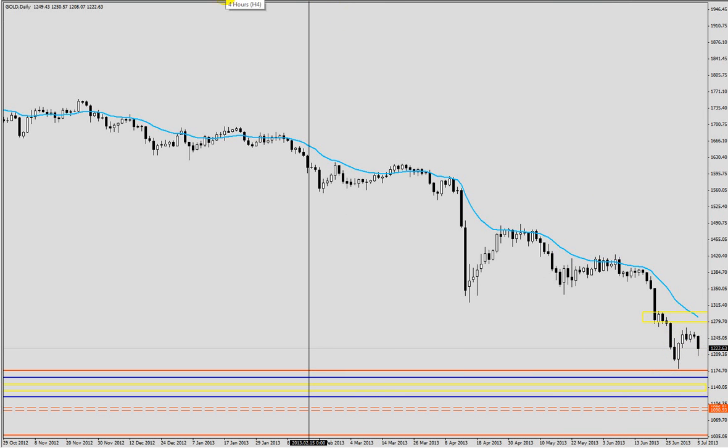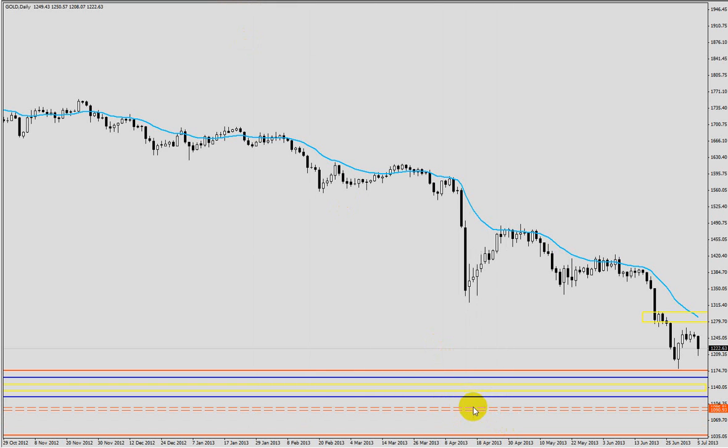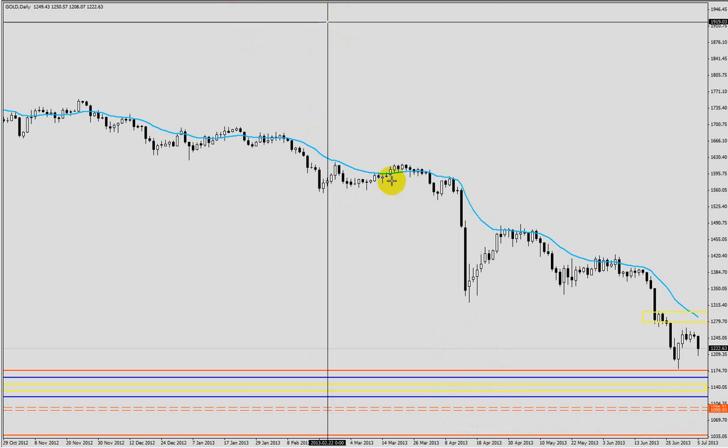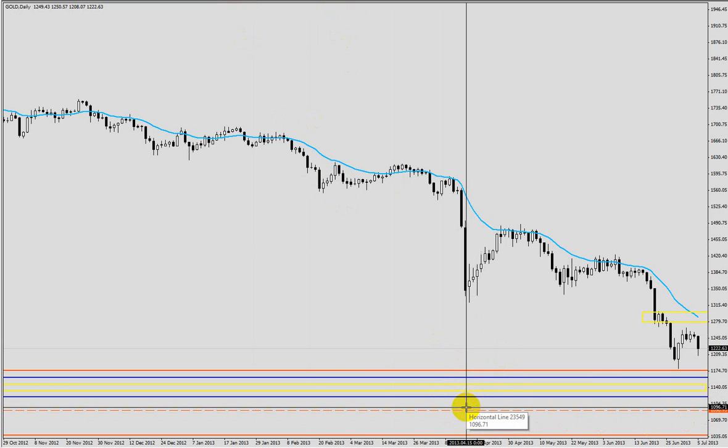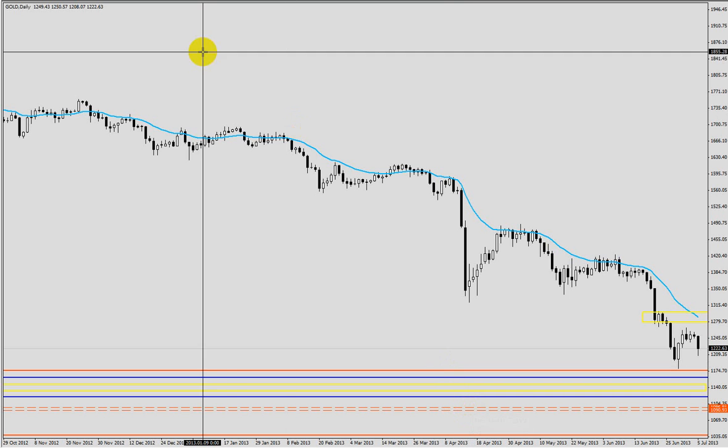And quickly, 4-hour charts are represented by those two thin red lines here, around 1097, 1090. It's around 10% from the current market price.